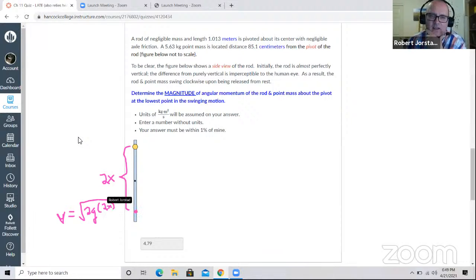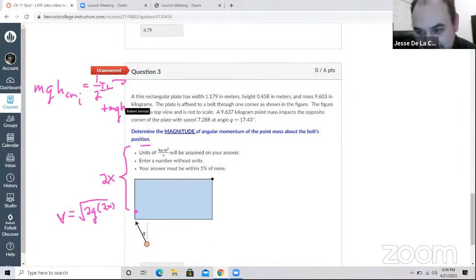You could say the center of mass is right here, right? So you could say mg height of the center of mass initial equals 1/2 I omega squared plus mg height final. You know what I'm saying?